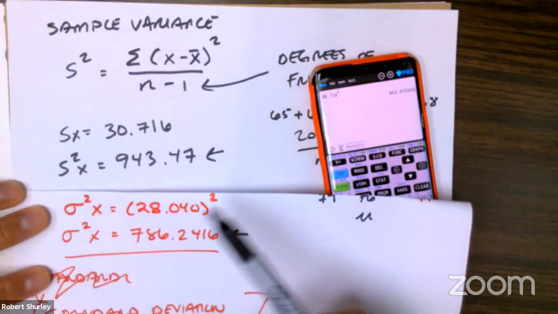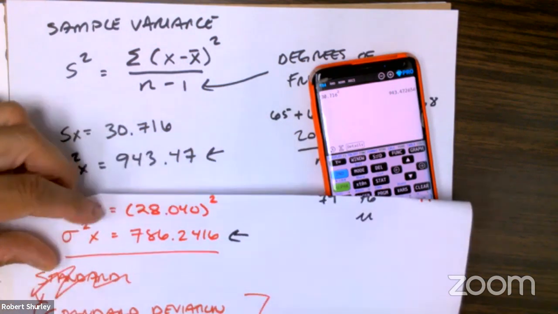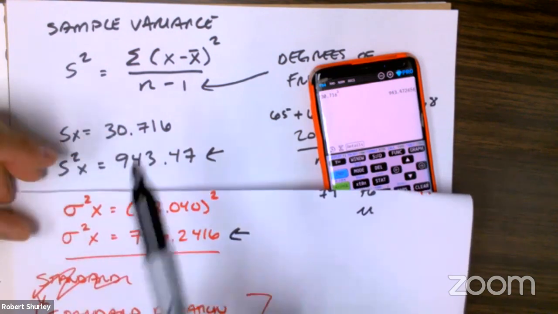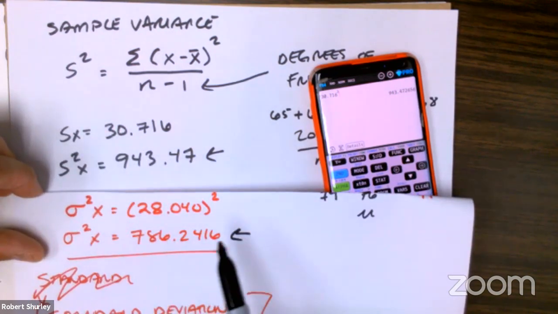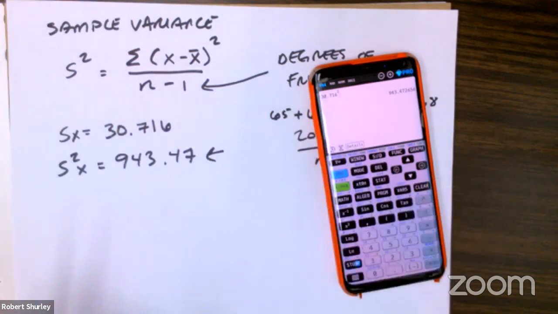The number up top is the same, but the bottom number is smaller, so you get a bigger number. Not that you have to memorize that, but the population variance will be smaller for the same data set. So we have to be careful and declare if this data is coming from a sample or from a population.